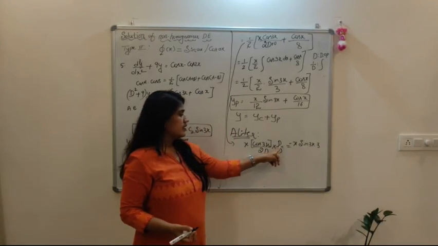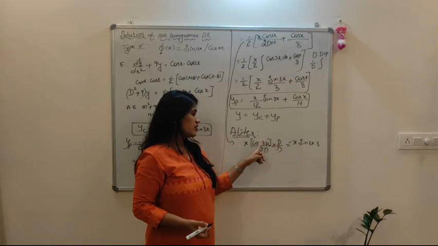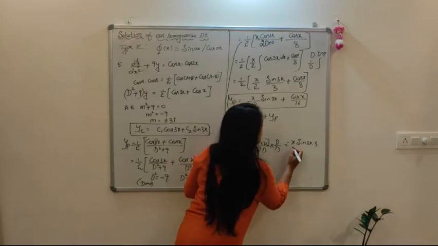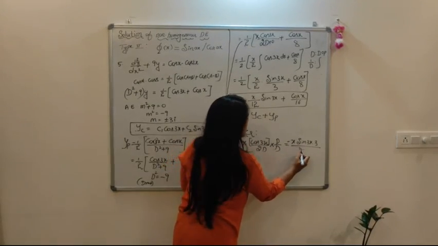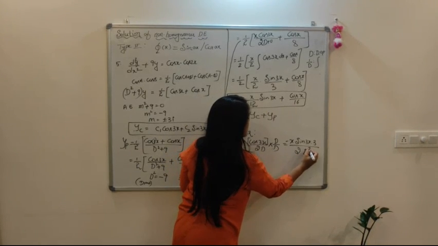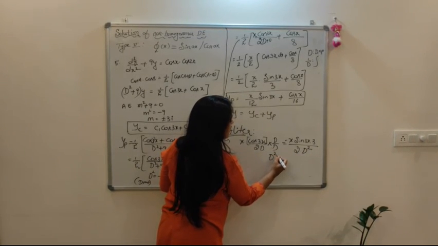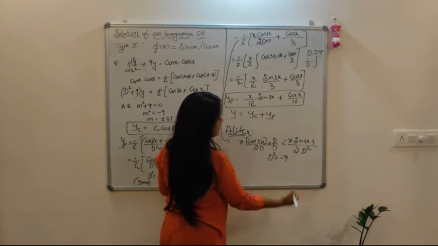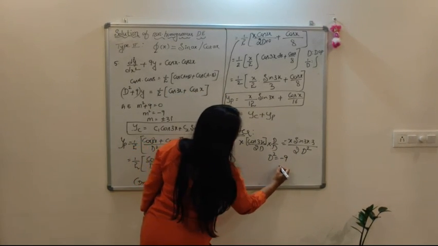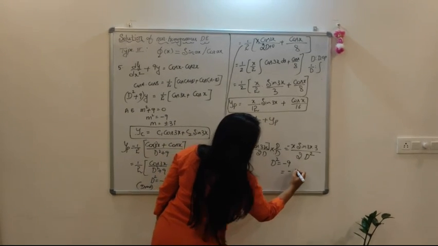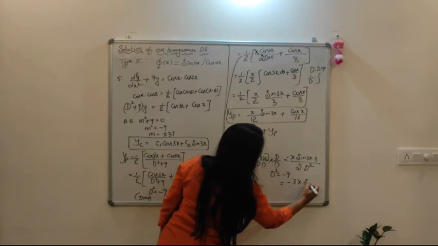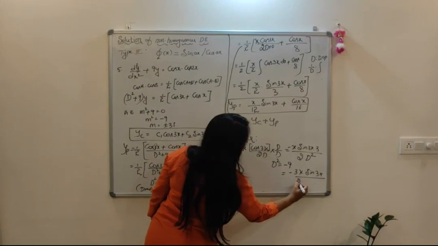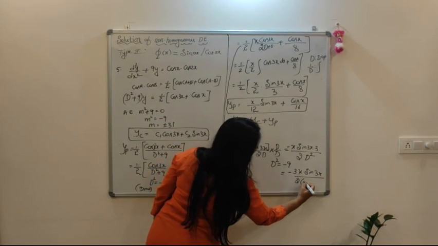So minus 3x sin 3x divided by 2D square, with D square replaced by minus a square. A is 3, so it is minus 9.